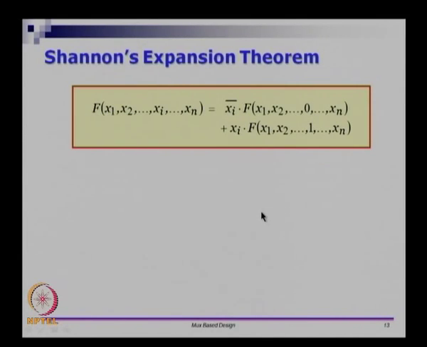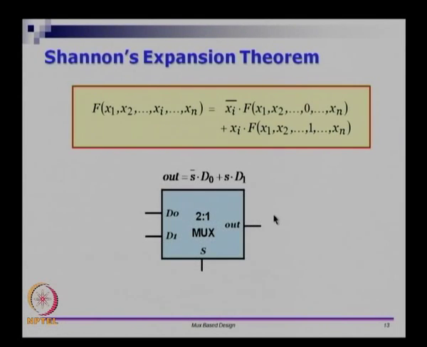Why is this interesting? One way to think about this is, if you think in terms of a mux, if I have select bar into something plus select into something, you can see the structure, right? It is very similar. If xi is the select line, then select bar into some f of some n minus 1 input function plus select into f of some n minus 1 input function. So that is why it is interesting.